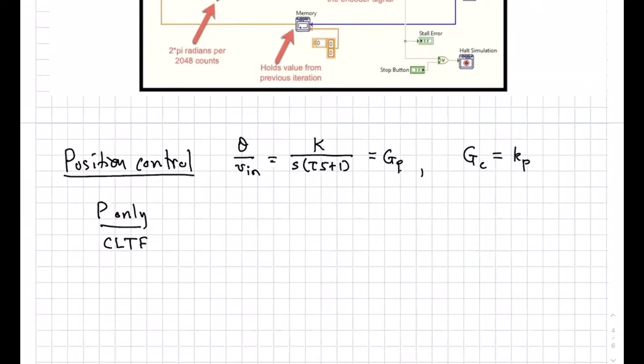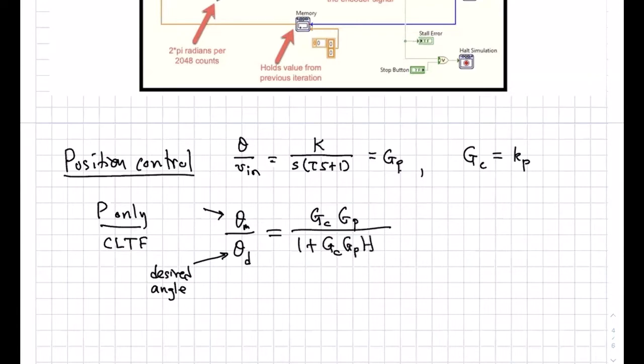Remember, that's the closed loop transfer function: the output motor position over the desired angular position. You just put everything into the formula again.